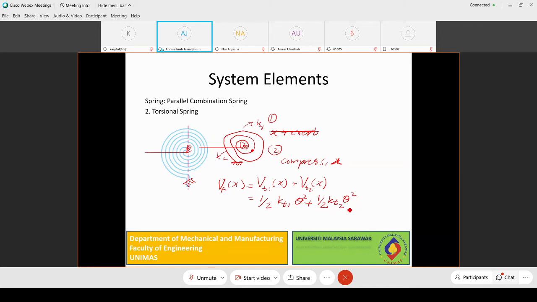You can always simplify this to half Kt1 plus Kt2 times theta squared. Or if you have simplified this, since it is in parallel, your Ke is also equivalent to the addition of these, same as the linear spring just now. So it would be K1 plus K2.